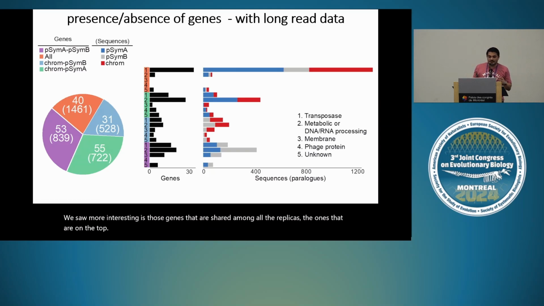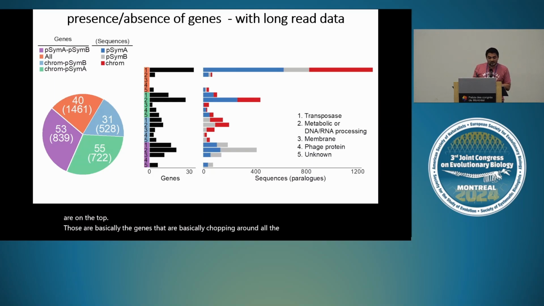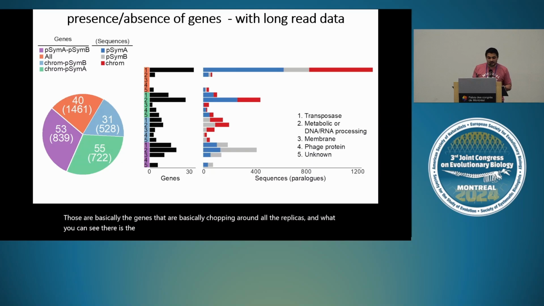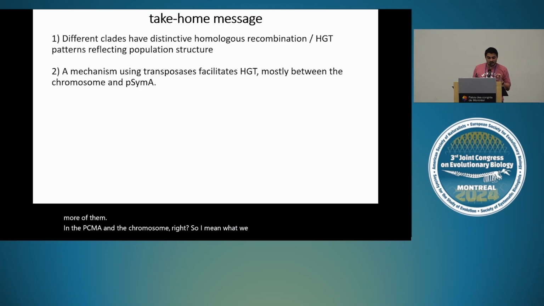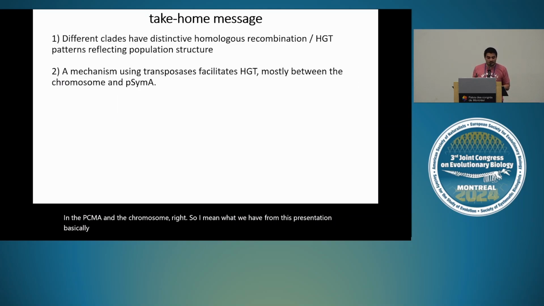Those are the genes shuffling around all the replicons, and most of them are transposases. What is very interesting is that in the second part of the graph, the sequences, there are more of them in the PCMA and the chromosome, right? So, yeah, what we have from this presentation is two take-home messages.